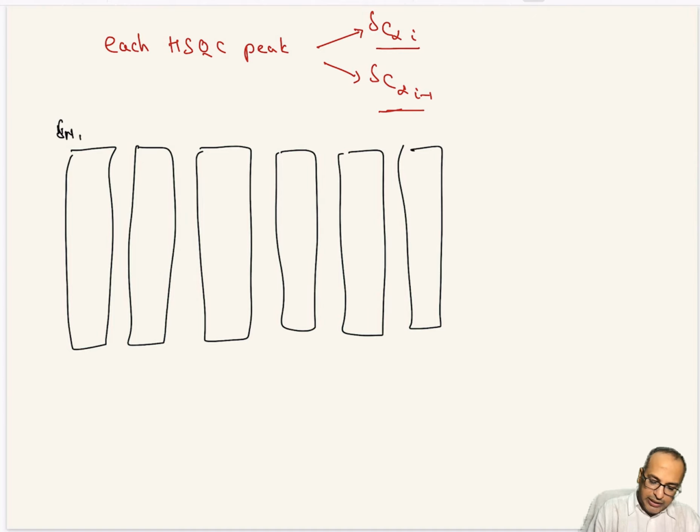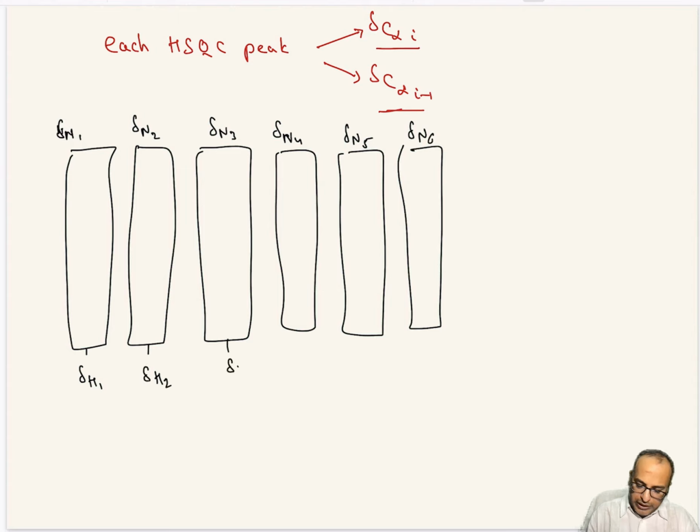So delta N1, delta N2, delta N3, delta N4, delta N5, delta N6, at corresponding delta H1, delta H2, delta H3, delta H4, delta H5, delta H6. Suppose there are 6 amino acids in your protein, so you make all these strips.